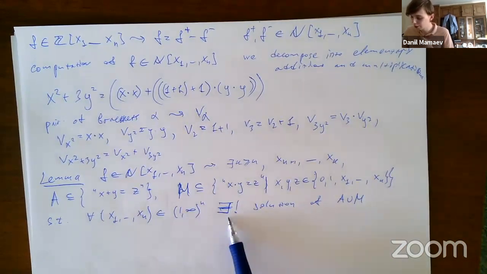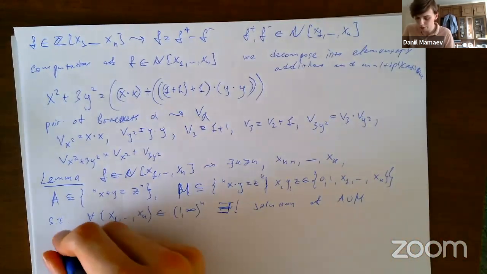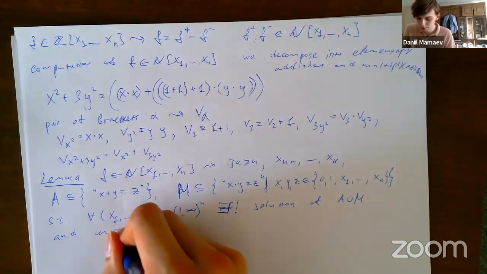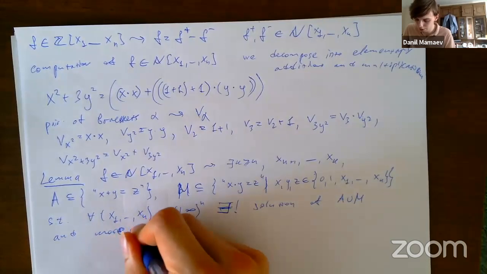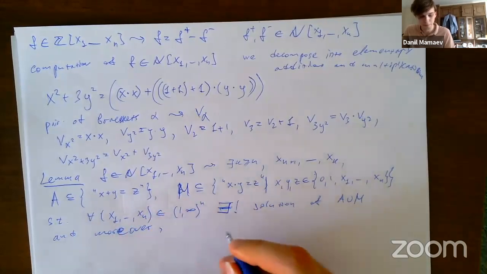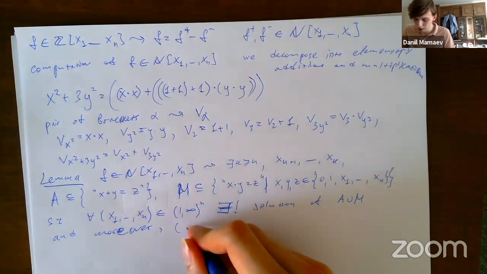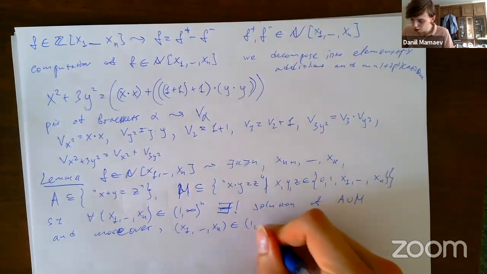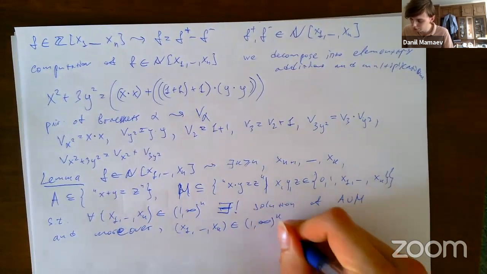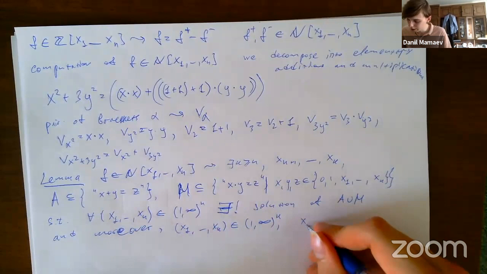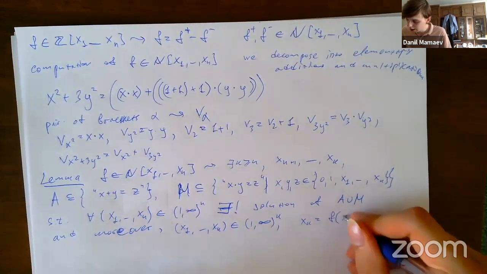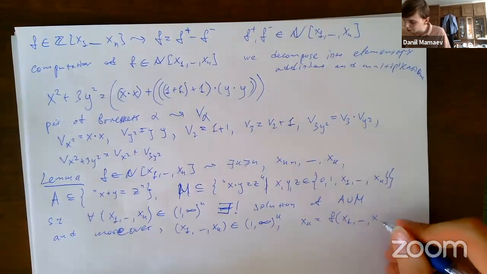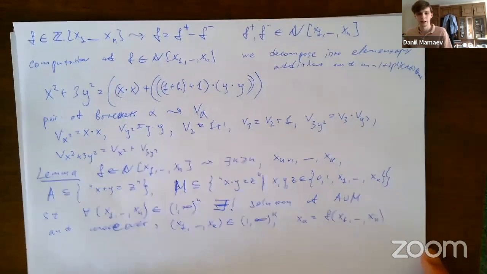And moreover, x1, ..., xk are all greater than 1. And the last variable is equal to the value of the polynomial computed at the input.